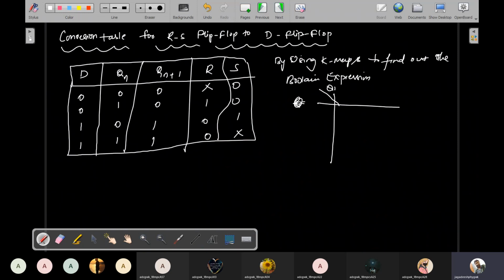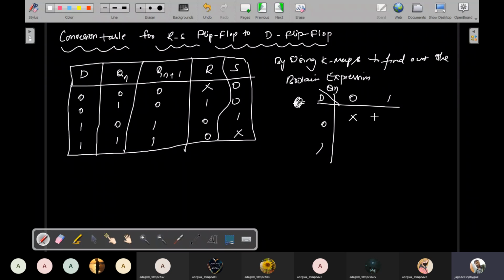You will write the Qn value here and downwards you will write the D value. D takes input 0, 1 only, and Qn is also 0, 1 only. If both are 0, then the R value is a don't care condition.